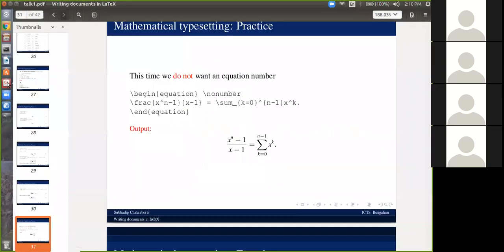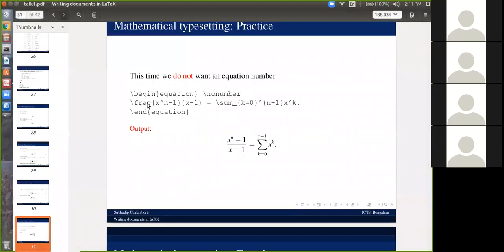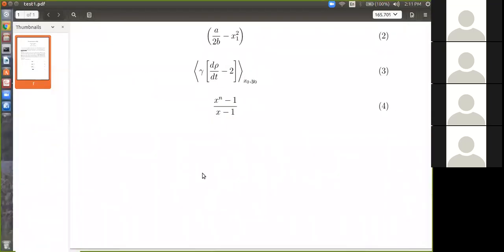Yeah, x to the power n minus 1 by x minus 1. So x to the power n space minus space 1, then x minus 1. Okay, let me check again. Yeah, so here is the output. This is x to the power n minus 1 by x minus 1.